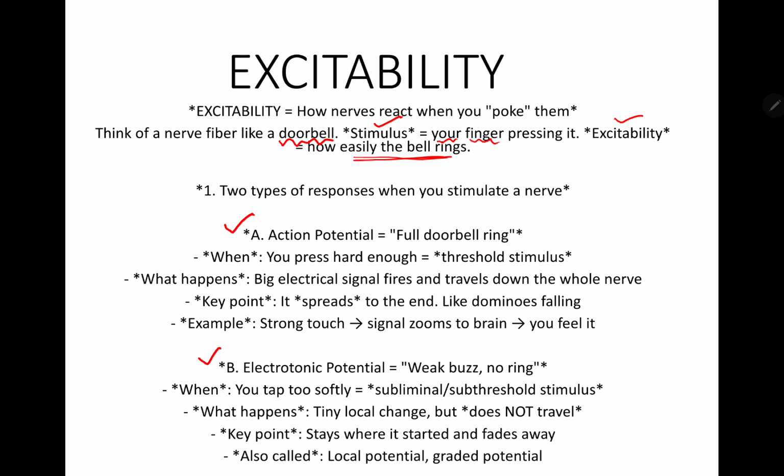When does this happen? When you press hard enough, which is the threshold stimulus. Threshold stimulus is nothing but a hard enough stimulus, properly given. Then a big electrical signal fires and travels down the whole nerve, from the cell body to the axon, and from the axon to the terminals.